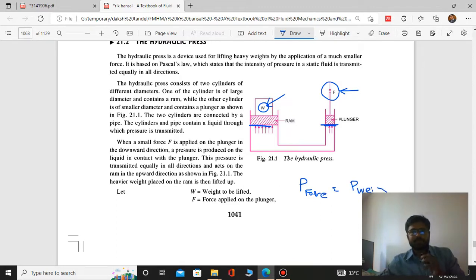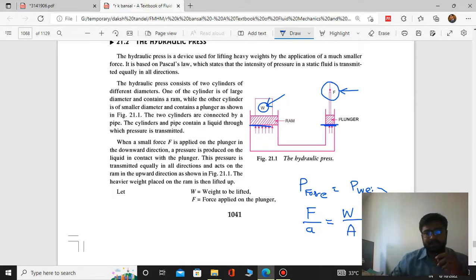What would this pressure be? Pressure on force side will be force per area. Here the area is small, so let us write small a. And on this side, force means the weight applied, so W, and the area would be bigger, so we will use capital A.